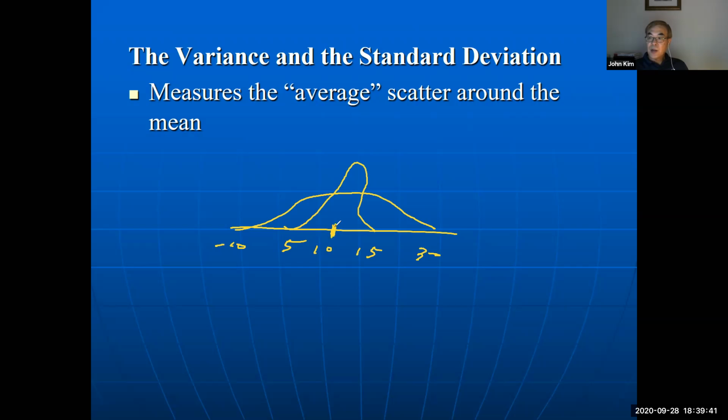So around the mean, how they scatter: this one is dense, and this one is wide. That is the variance.